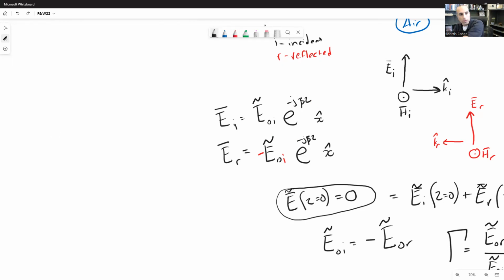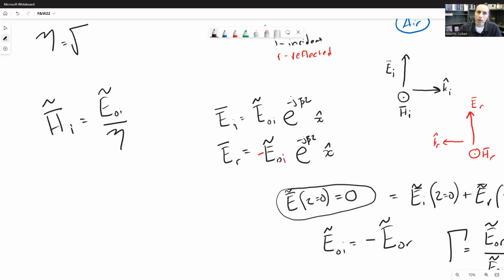All right, so let's start out with what the incident magnetic field is. I'm just going to take the electric field, E0I, and I'm first going to divide it by eta. Remember, eta is the intrinsic impedance of the air, or the impedance of the propagation medium, which is the square root of mu divided by epsilon. Right? It's just a constant for whatever material is on the other side of the boundary from the perfect conductor.